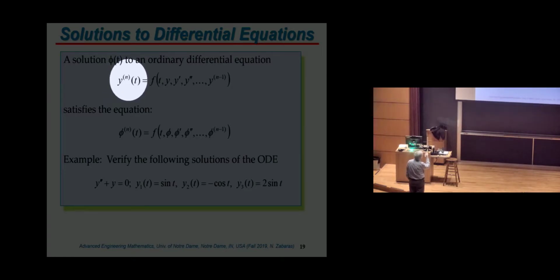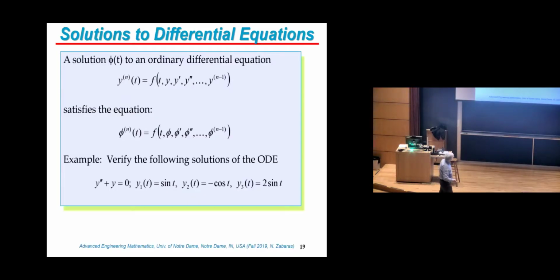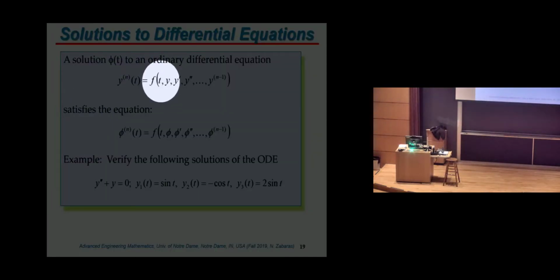And what we have done is we isolated the nth derivative on the left-hand side and we plugged in everything on the right-hand side. So phi is a solution basically if it satisfies this equation on some interval, not just at one point, but on some open interval in time t. And if this function turns out to be linear in the arguments, then we call this a linear ordinary differential equation.